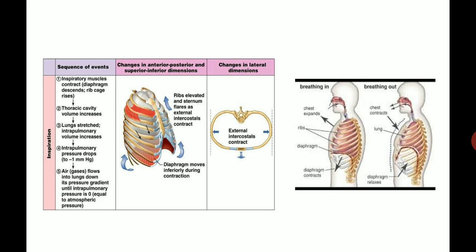As the diaphragm flattens, it presses the organs inside the abdomen, and with the abdominal muscles relaxed, the abdominal wall moves outward, leading to an increase in volume of the chest cavity and a decrease of pressure.